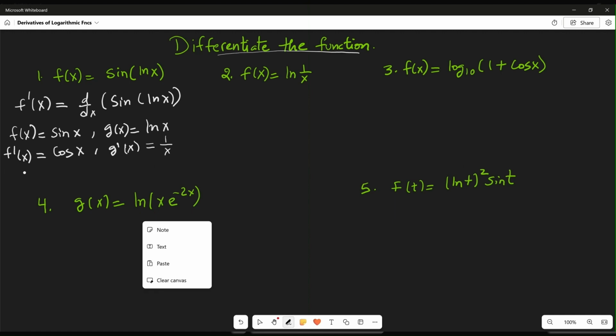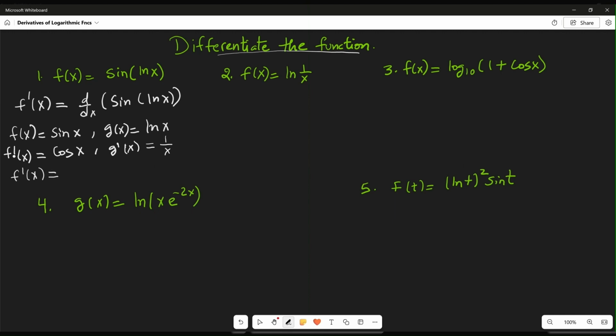Now put together, the derivative of this function is the derivative of the outer function with respect to the inner function, which is cosine of ln x, natural log x, times the derivative of the inner function, 1 over x.